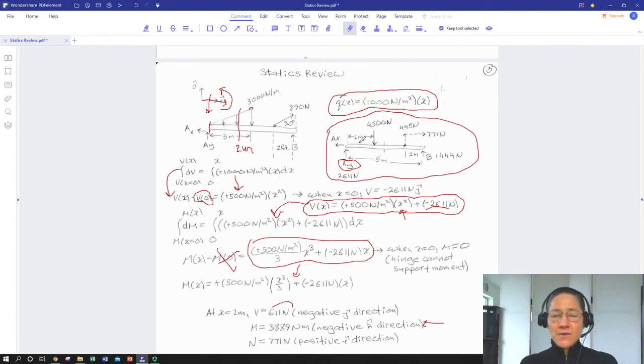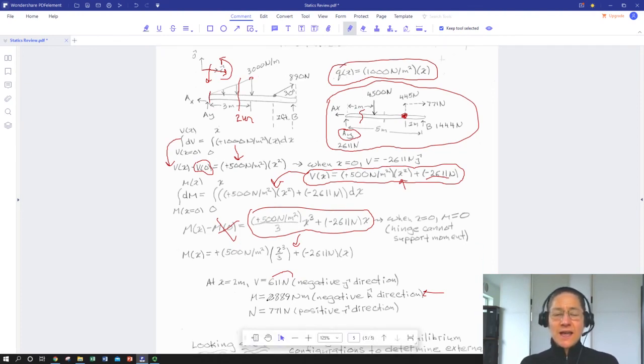So if we cut the beam anywhere between the A support and the application of this horizontal force component over here at 4 meters from point A, the internal forces of the beam would have to be carrying that 771 newtons, and so basically it would be carrying it in the positive x direction anywhere along there.